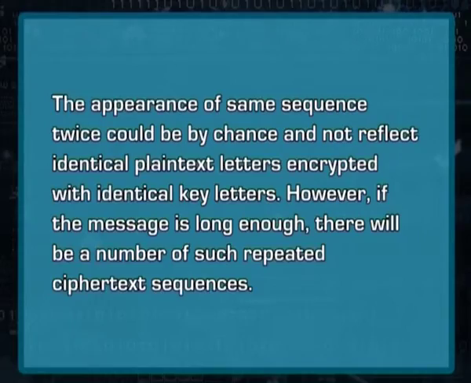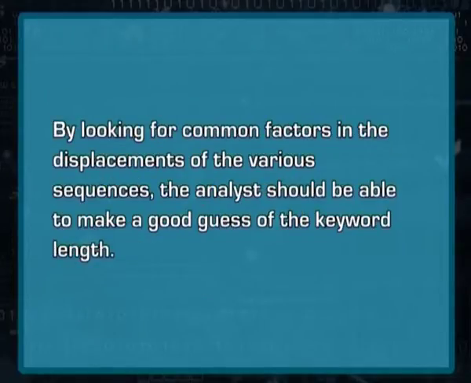The appearance of the same sequence twice could be by chance and not reflect identical plain text letters encrypted with identical key letters. However, if the message is long enough, there will be a number of such repeated ciphertext sequences. By looking for common factors in the displacements of the various sequences, the analyst should be able to make a good guess of the keyword length.